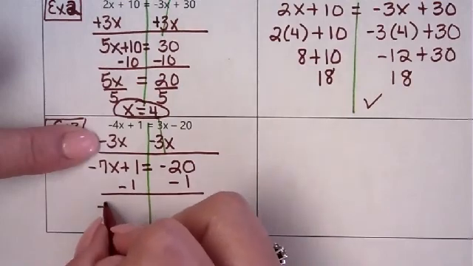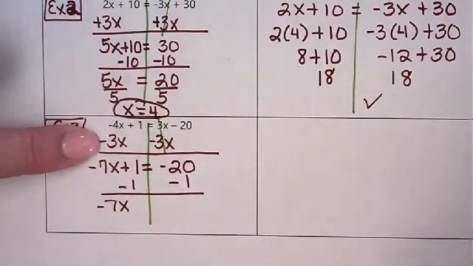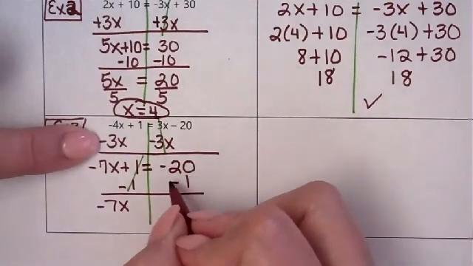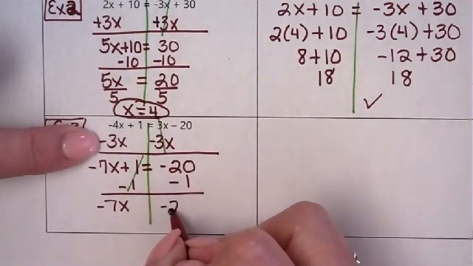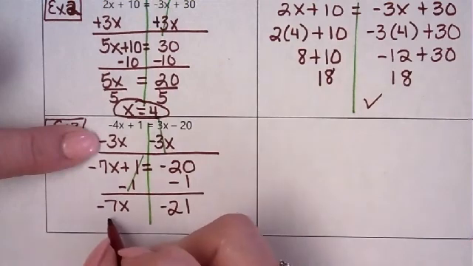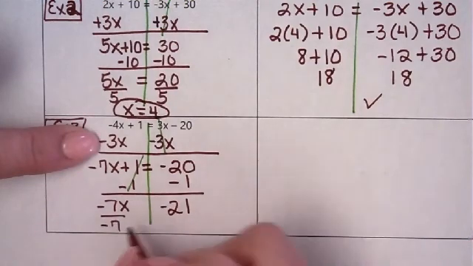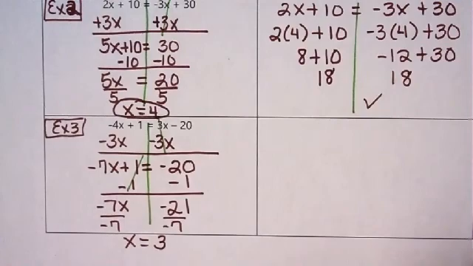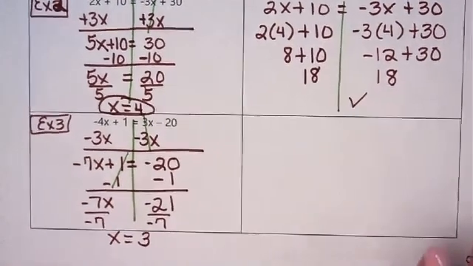So I've got negative 7x. The ones we know will cancel out. And negative 20 minus 1 is negative 21. Now, if I divide by negative 7, I'm going to get x equal to positive 3. And I just kind of ran out of my paper block there, but that's okay.